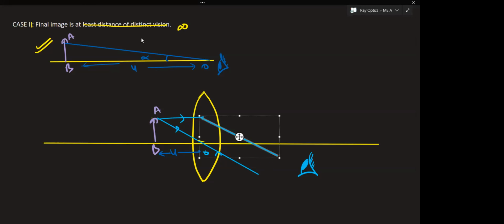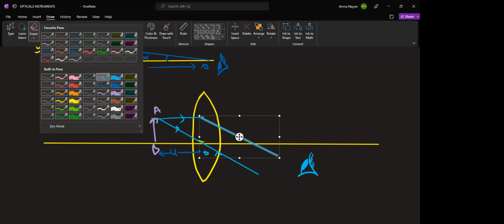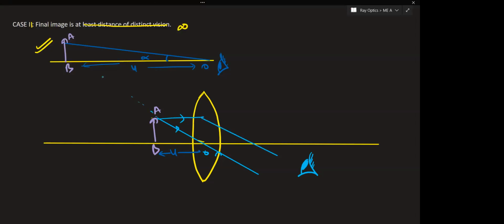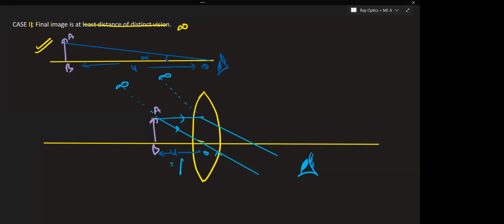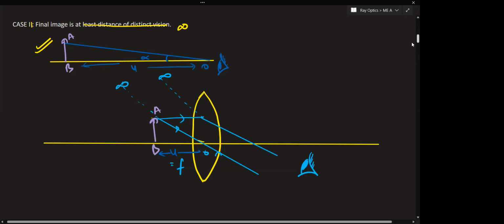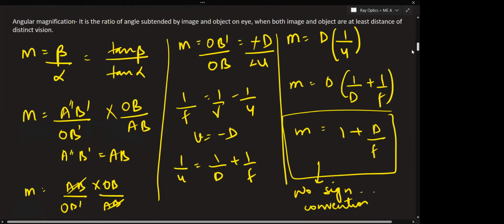When you produce them, they won't appear to meet anywhere, so the image will be formed at infinity. This will be the difference. Understood? If the image is formed at infinity, the object distance becomes the focus. If your object is kept at the focus, only then are you getting the final image at infinity.